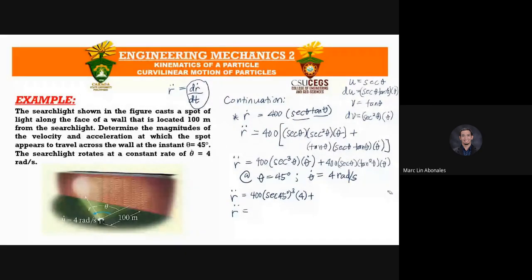So let's rewrite this: it would be 400 secant 45 degrees times tangent 45 degrees squared times 4. So again, what is the value? Sometimes, if you have not raised it yet, just rewrite it in the calculator.